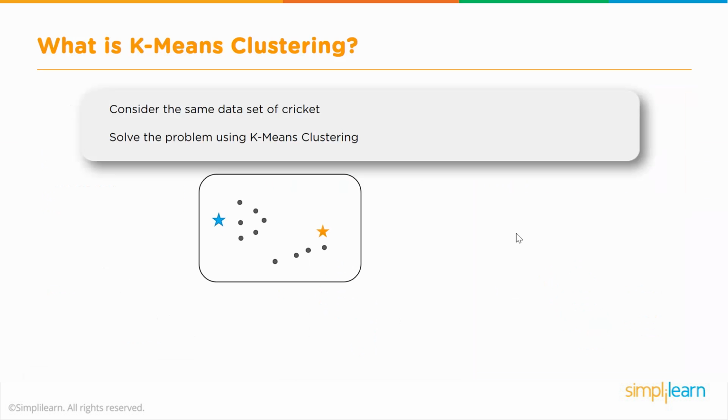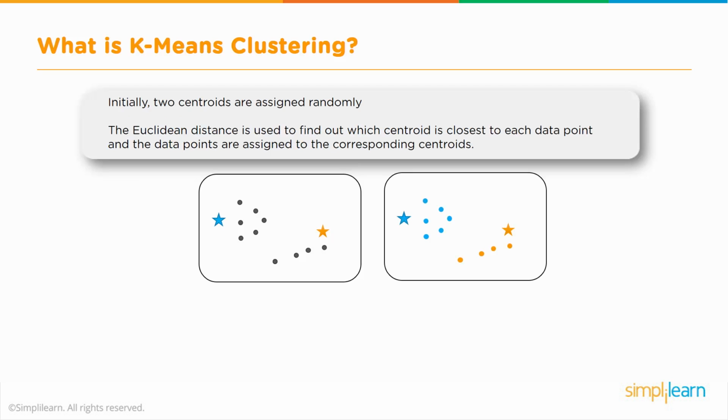So how does this work? The way it works is, the first step in K-means clustering is the allocation of 2 centroids randomly. So 2 points are assigned as so-called centroids. In this case, we want 2 clusters, which means K is equal to 2. So 2 points have been randomly assigned as centroids. Keep in mind, these points can be anywhere.